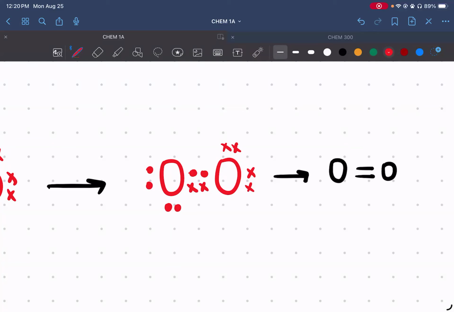There are those electrons still hanging out on those oxygen atoms. They're still there. These electrons, the ones that are left over, are referred to as lone pairs.